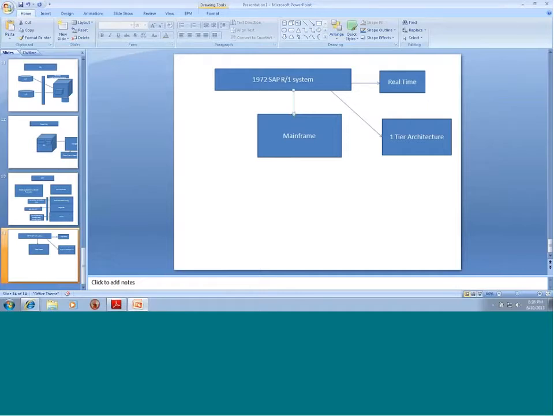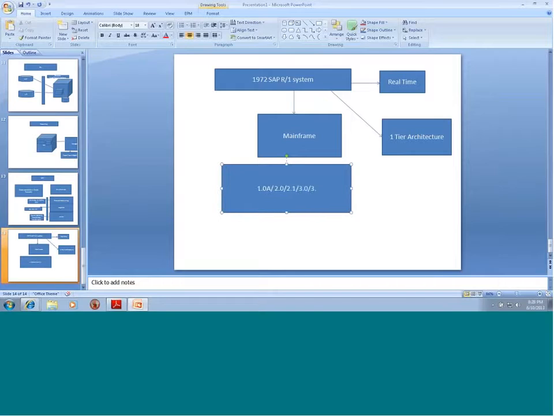So the different versions of the R1 system that we had: during the R1 architecture, we had the 1.0A version, and then in 1993 SAP came with 2.0 or 2.1, and then eventually they came with 3.0 and 3.1.